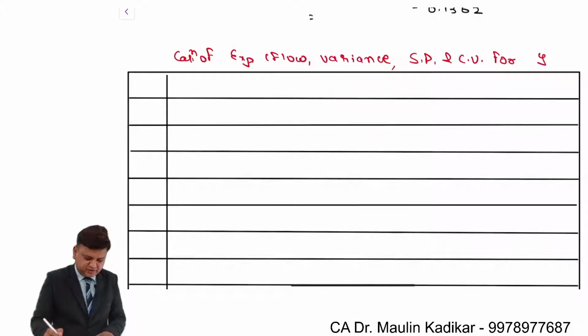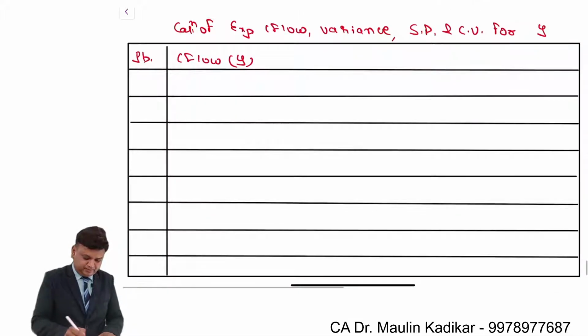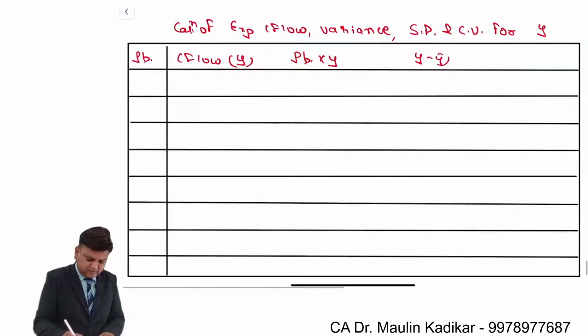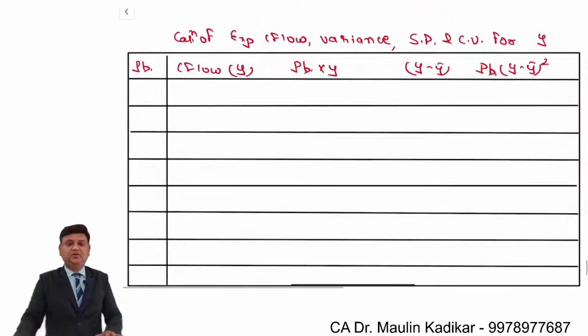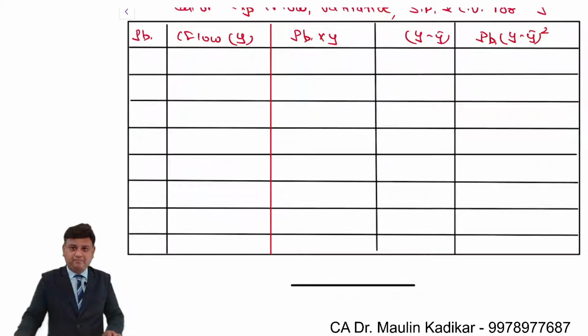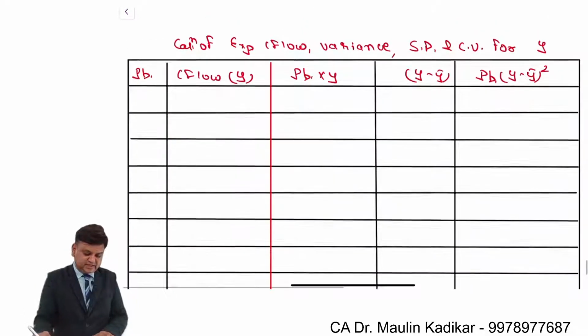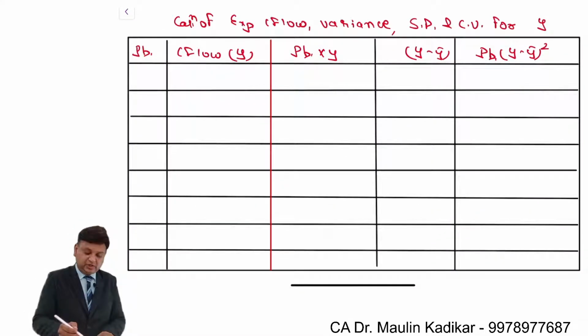for Y project. Again the same, probability is column number 1, cash flow is column number 2, probability into Y, Y minus Y bar, Y minus Y bar whole square into probability. Summation of that would be variance and under root of that is standard deviation. Okay. So over here we understand that the probability is 2, 3, 5.